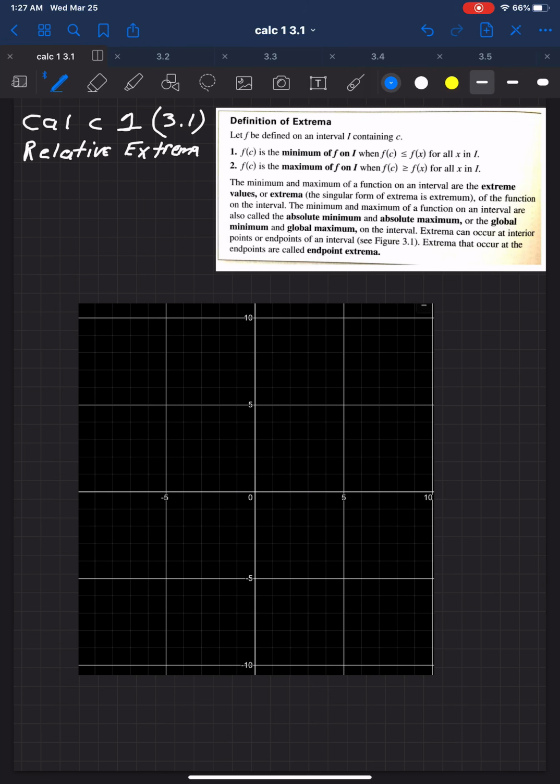Now, I'm going to just draw some random function. I don't care about this function being defined from negative infinity to positive infinity. When they say on some interval I, we could think about that as, okay, from this x value to, say, this x value.